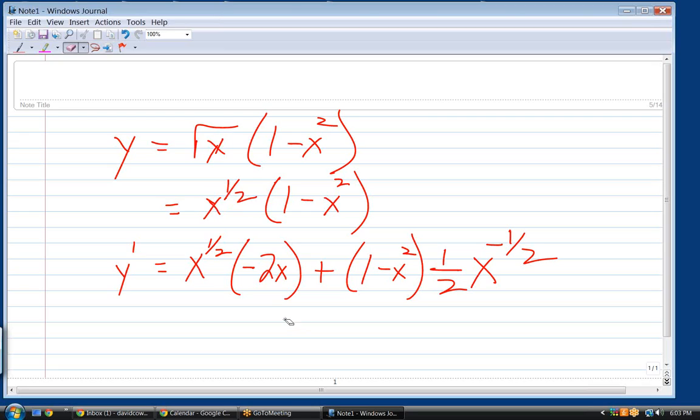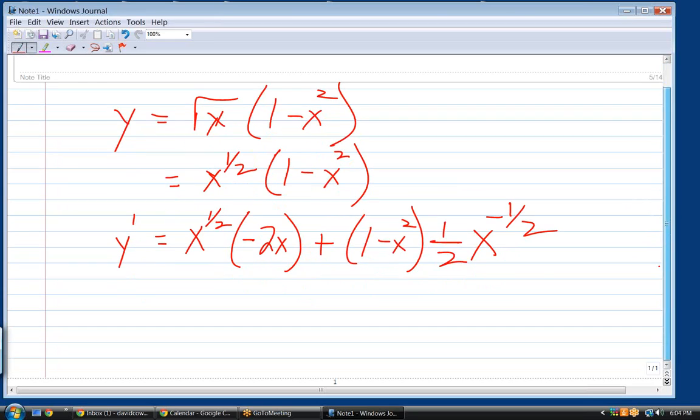All right. So this is what we get. There's still a lot of simplification we could do. I don't know how far they want you to simplify it. Do you have answers on these? I can go to the back of the book and check. Let's find out how much they want to simplify.